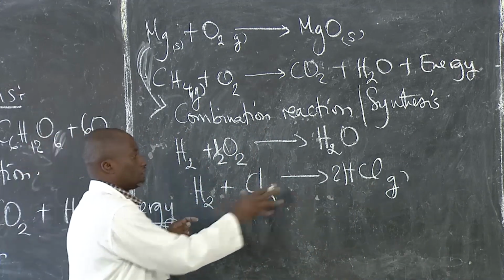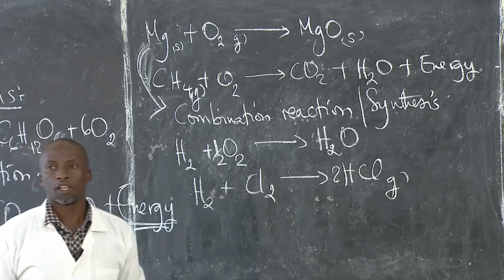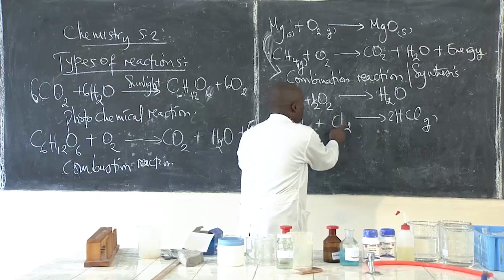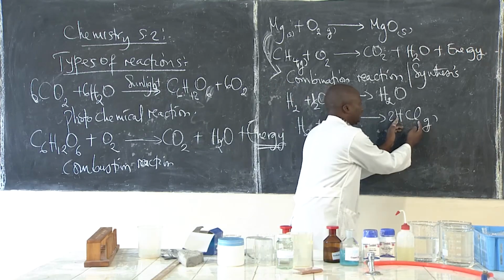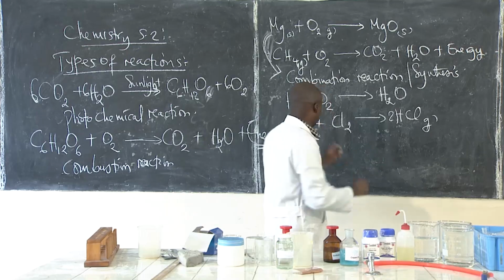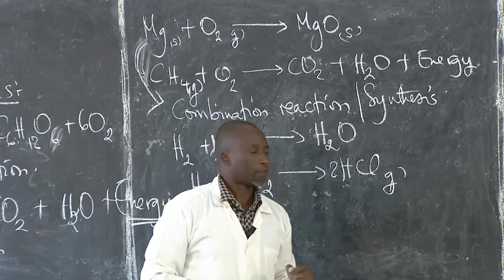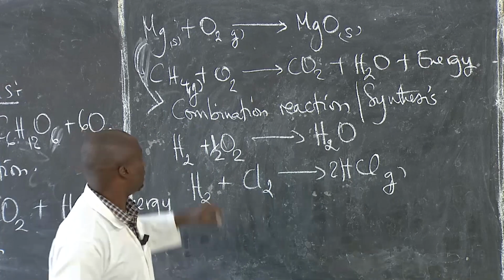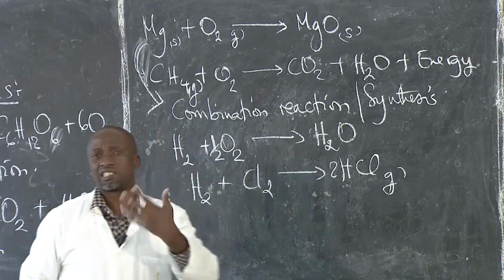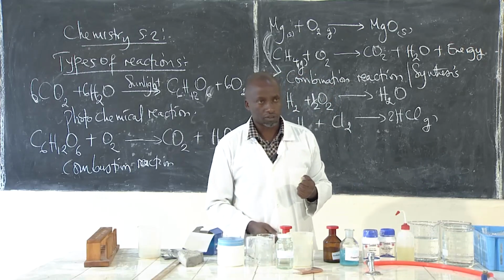It is made from two elements: hydrogen and chlorine. These are the elements that are combining together to form this product. So it is also one of the examples of a combination or synthesis reaction.